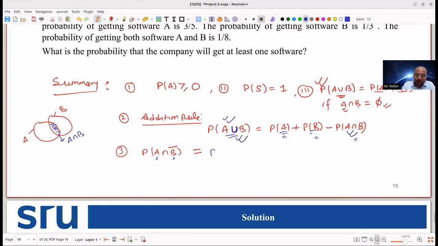If I write P of A, I am considering this common portion also.